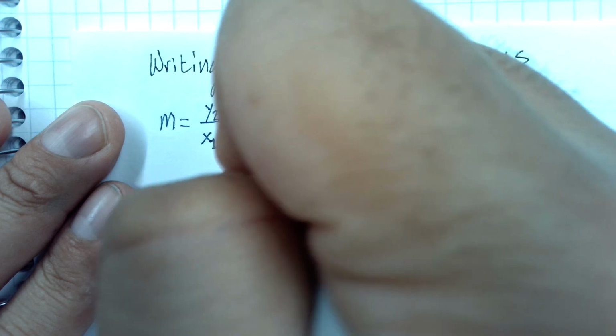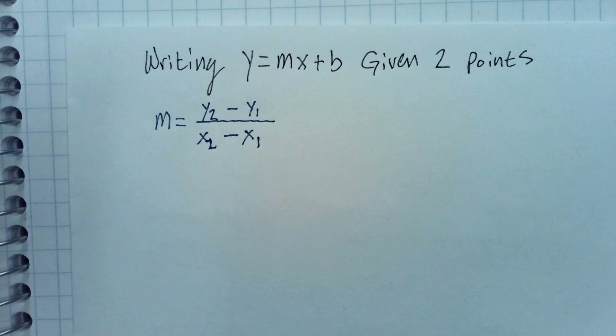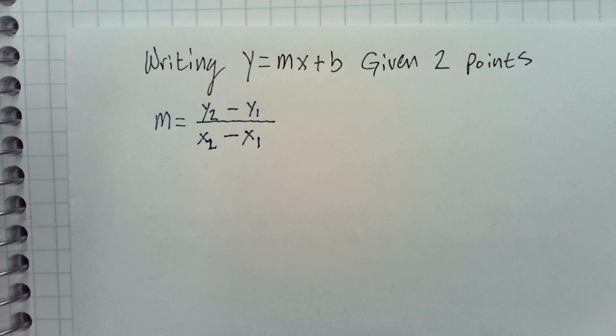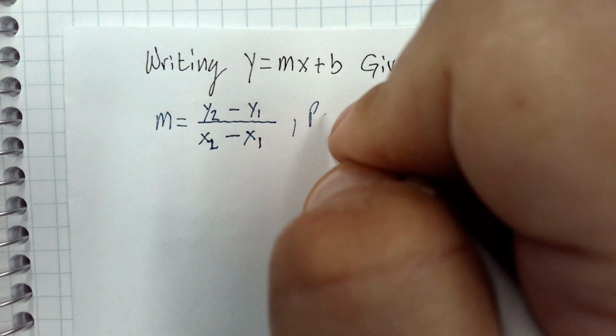The slope m is equal to y2 minus y1, the difference in the y values, over x2 minus x1, the difference in the x values. Okay? So we're going to find the slope of each pair. Then we're going to pick an ordered pair.